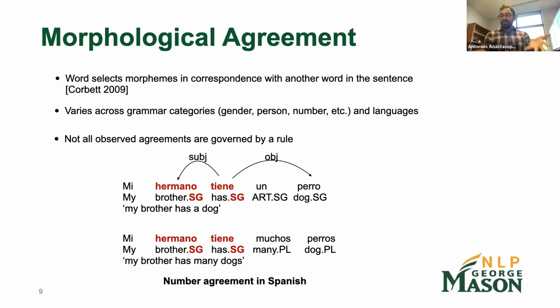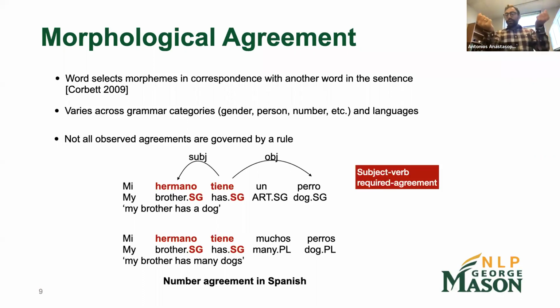Now this is another grammatical Spanish sentence where the subject still agrees with the verb, but the object does not. So ideally, we will want to learn that subject-verb agreement is required in Spanish, and that object-verb agreement in terms of number is not required. That is what I'll call, in the next slides, chance agreement, because we observed it in general, by chance, over a big corpus.